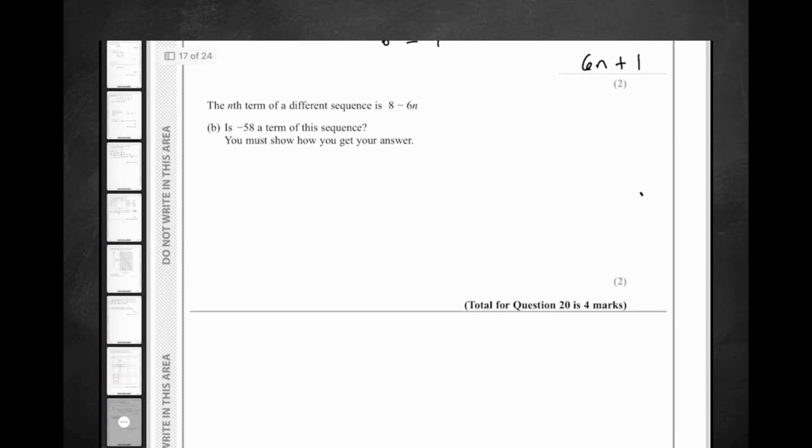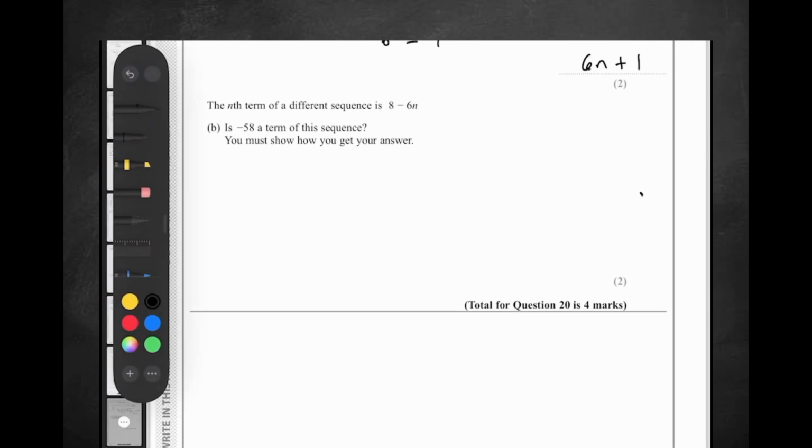The nth term of a different sequence is 8 minus 6n. Is minus 58 a term of this sequence? You must show how you get your answer. So 8 minus 6n equals minus 58 if it's a term in the sequence. So minus 6n would equal minus 66.